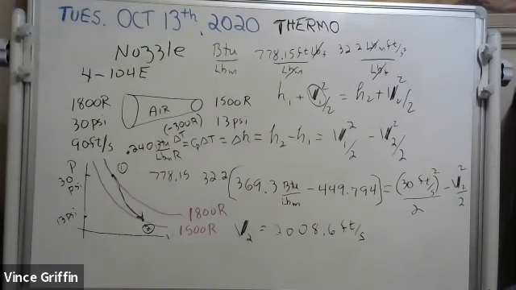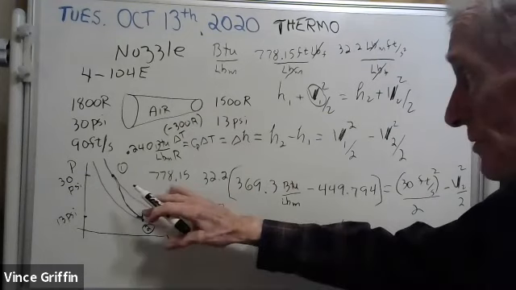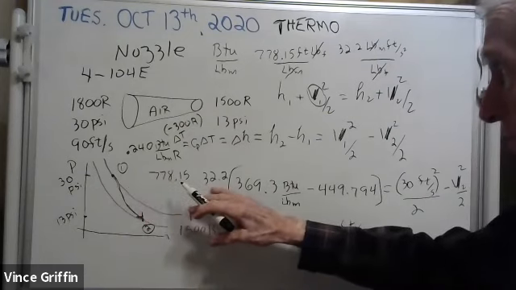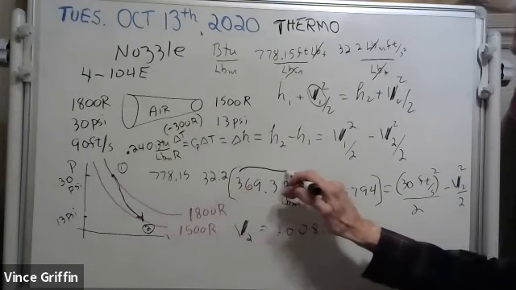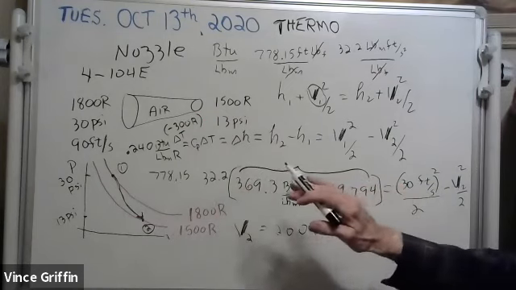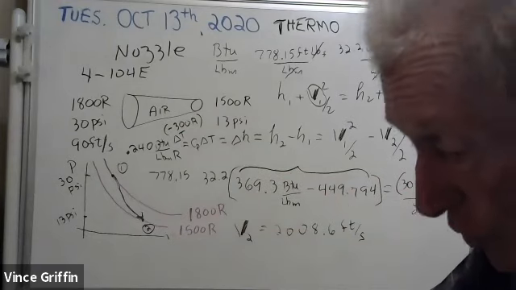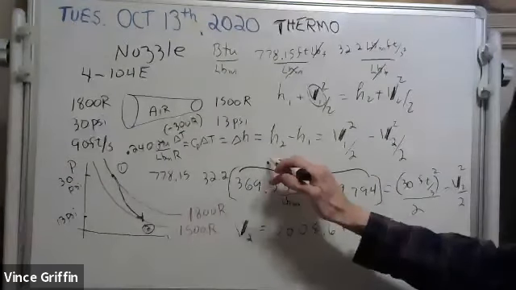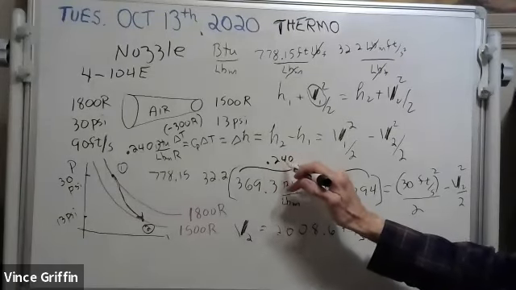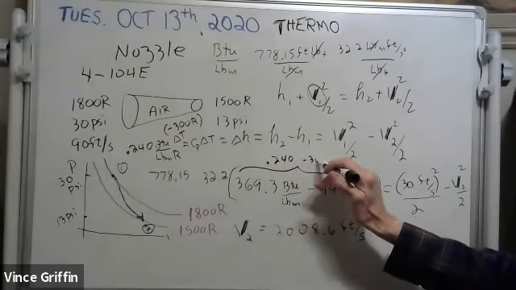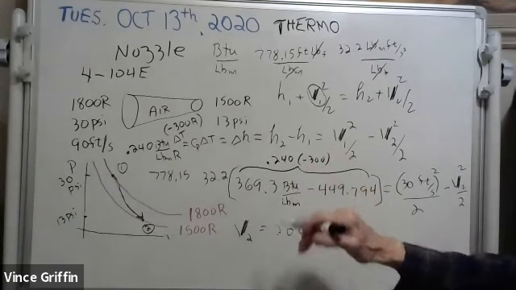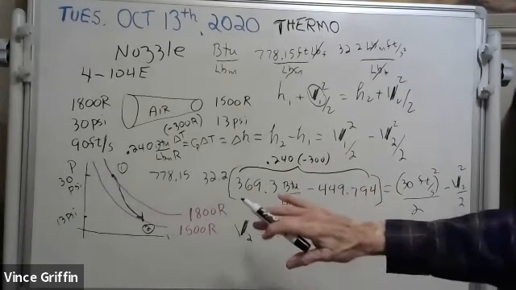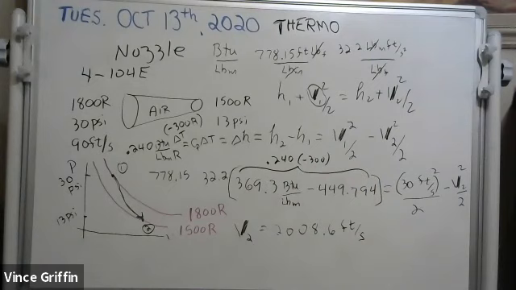But still, don't you have to multiply by 778 and 32? See this stuff here, instead of using the integral tables, we're going to use 0.240 times negative 300. I think you'll discover it should come out pretty dang close.